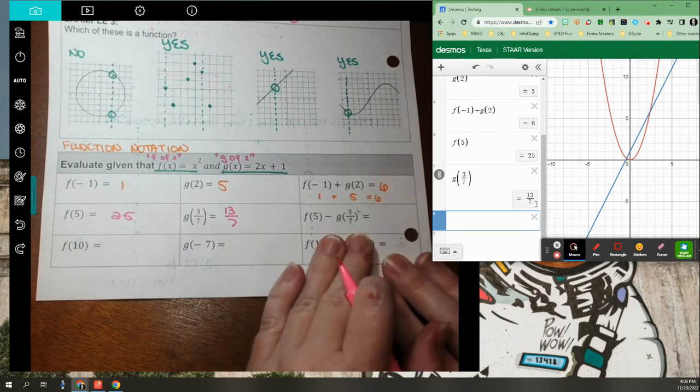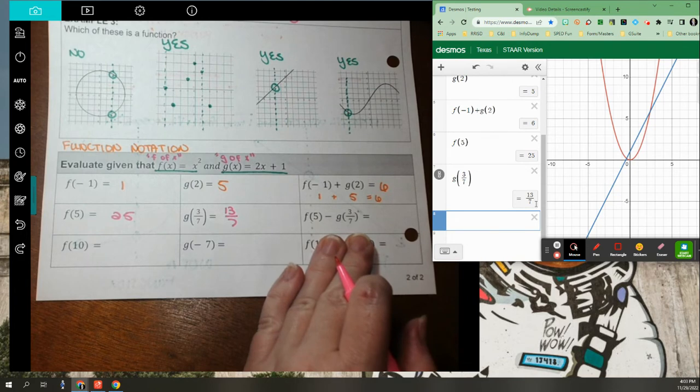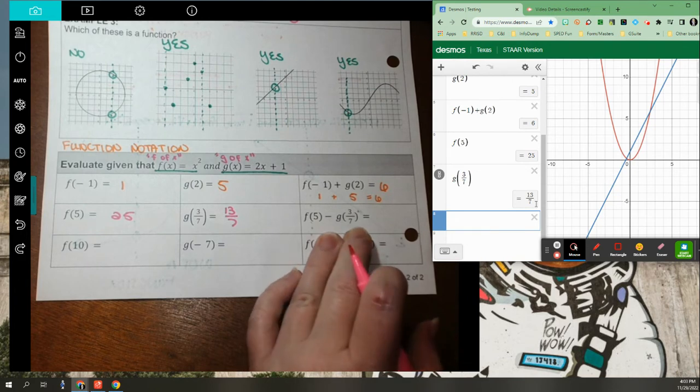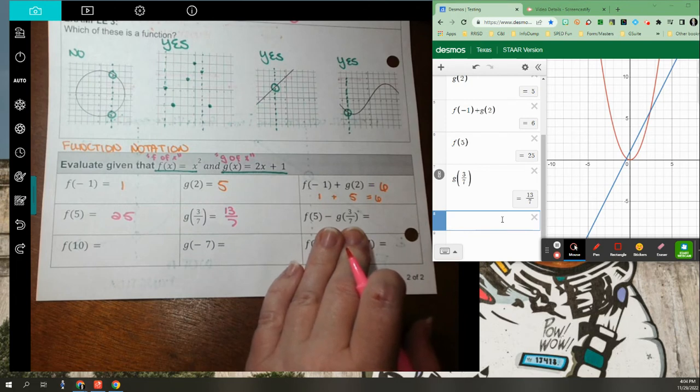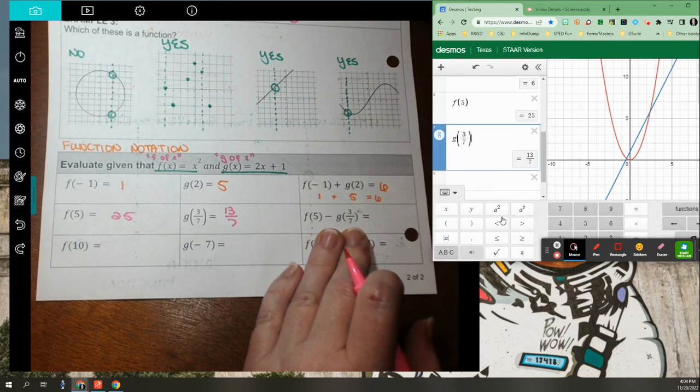So now I know I need to do f of 5 minus, remember, we changed our operation here. So f of 5 minus g of 3/7. Oh, and I talked it out, but I didn't type any of it.